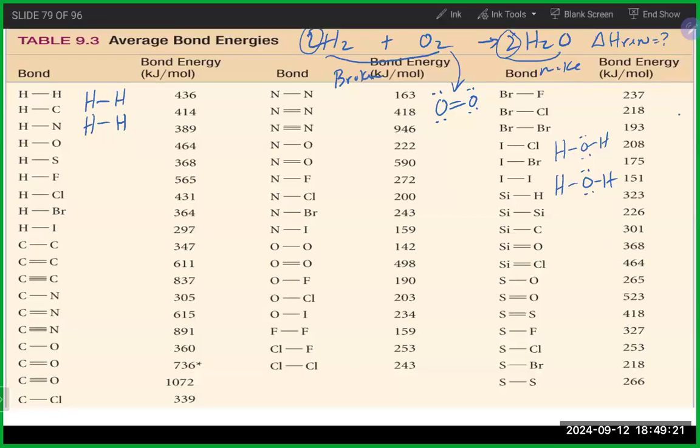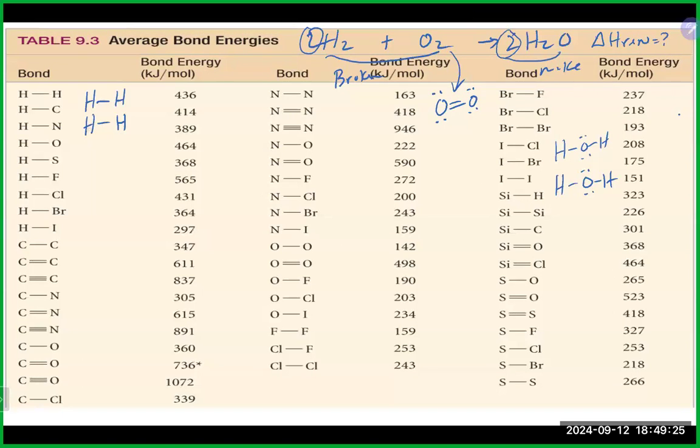So we'll start over here on the left. What we're basically going to do is add up everything that we need to break. Clearly here we have two hydrogen-hydrogen bonds that we need to break. Each bond requires 436 kilojoules of energy to break, so that's 2 times 436 kilojoules.